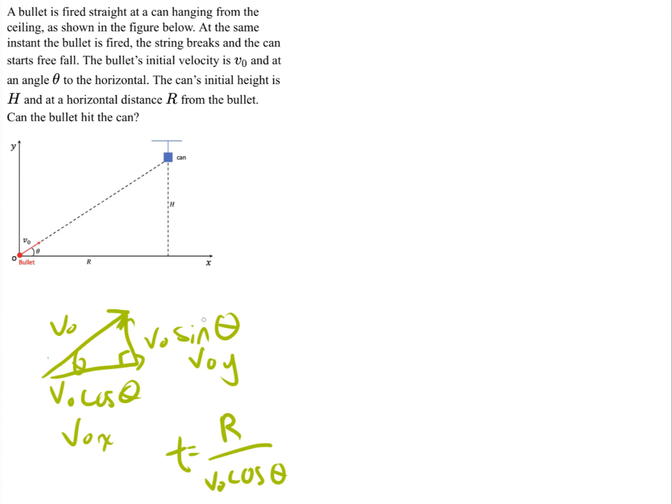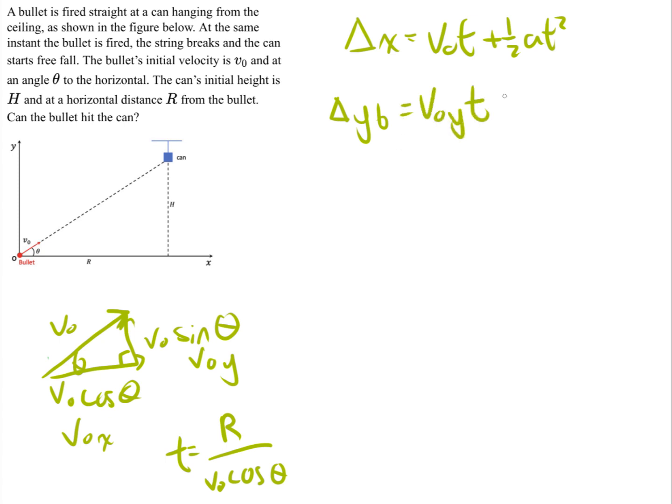So now that we have that, we can use this equation again, but this time in the y direction. In the y direction, let's say the change in y of the bullet, the y displacement of the bullet, is equal to the initial y velocity times the time interval minus 1/2 times the gravitational acceleration times the time interval squared.